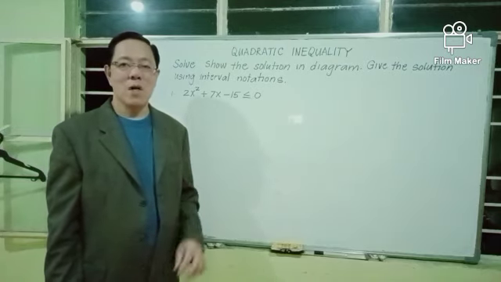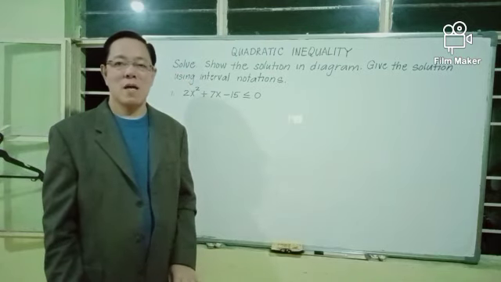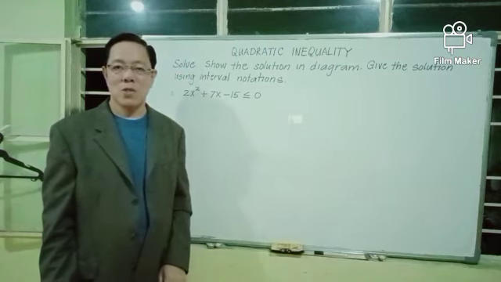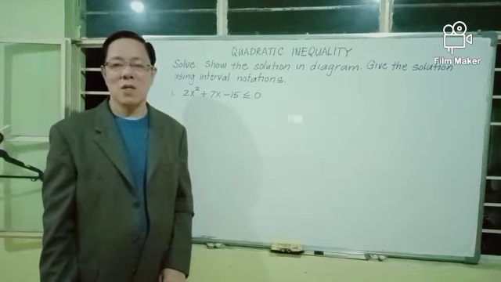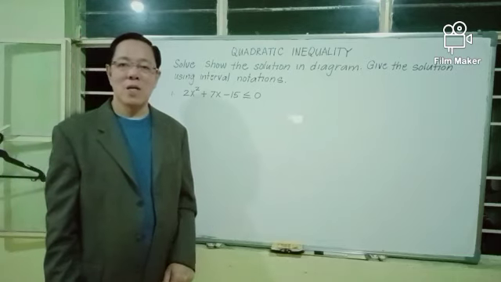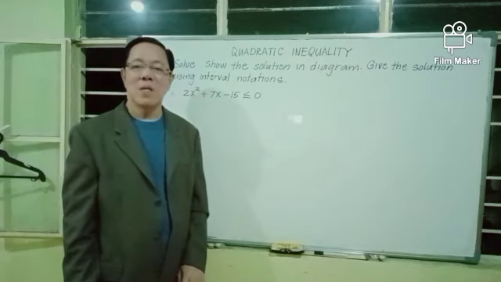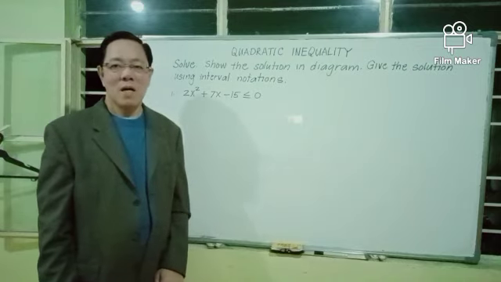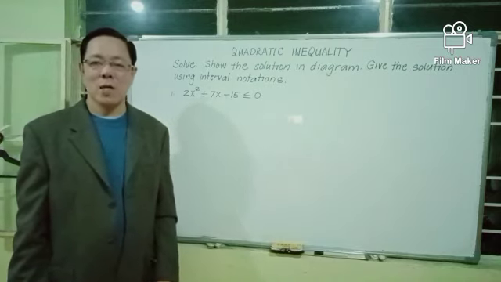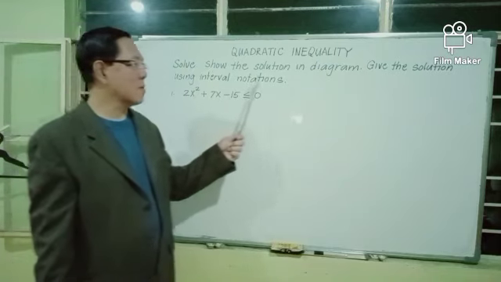Unlike when you are solving a linear equation in one variable, there is exactly one value or one solution for the linear equation in one variable. So in this example, we solve the inequalities, that is, we find all the values of the variable that will satisfy the given inequality. Show the solution in diagram.